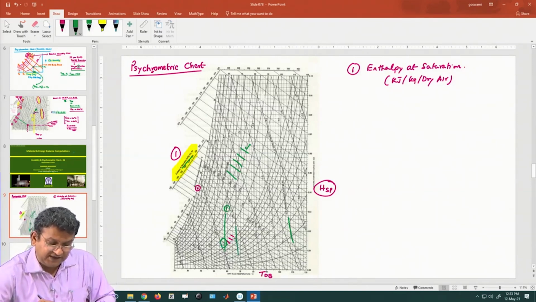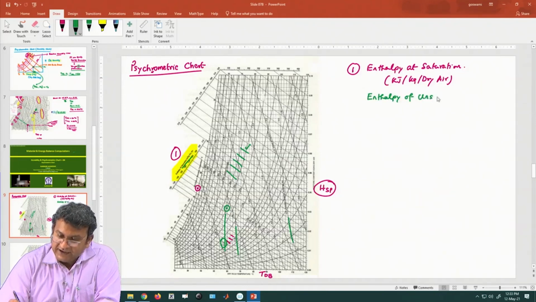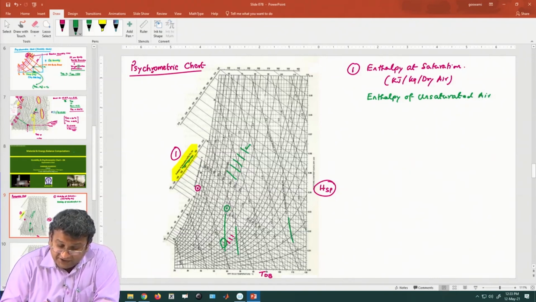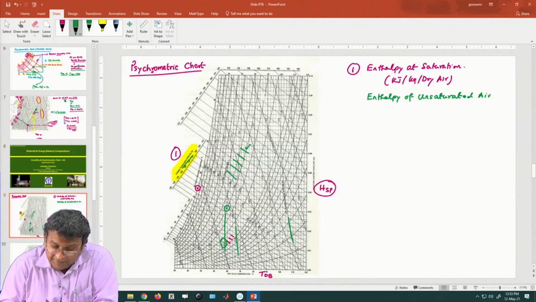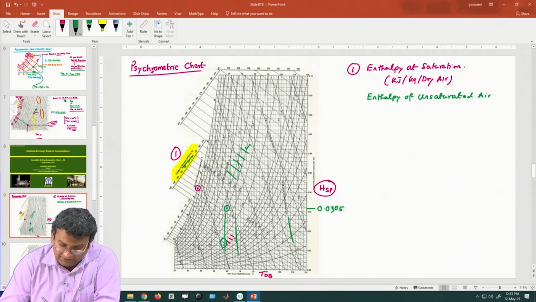So, now what you can say is that the enthalpy of the unsaturated air, whatever that is, right, it is the unsaturated air based on this condition, and condition also you can find out. So, this has specific humidity of 0.0305 and dry bulb temperature of 58 degrees centigrade.